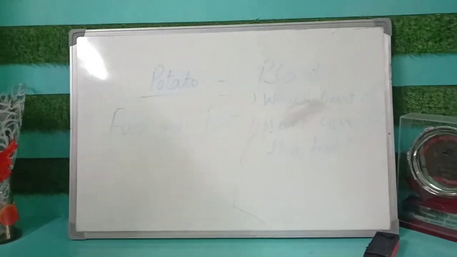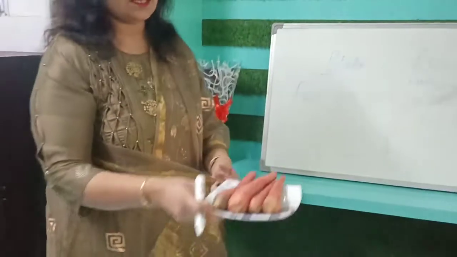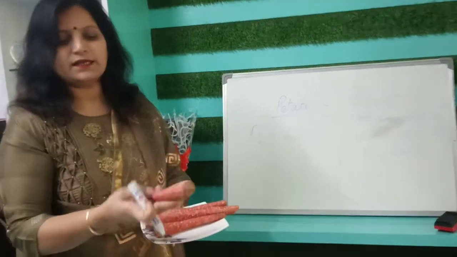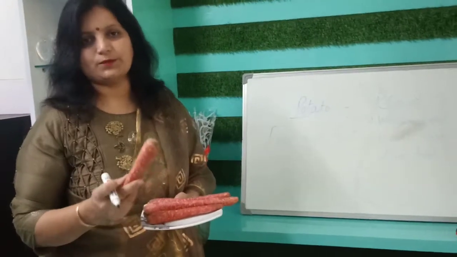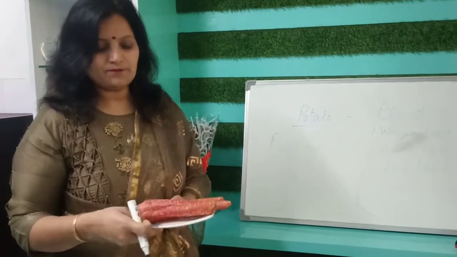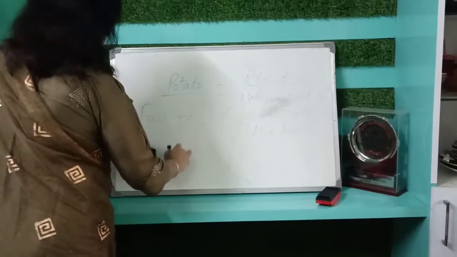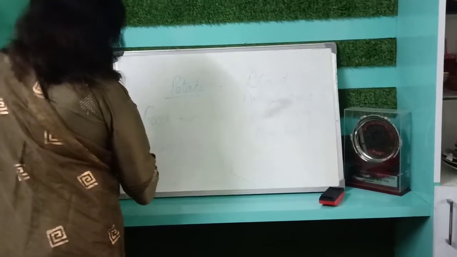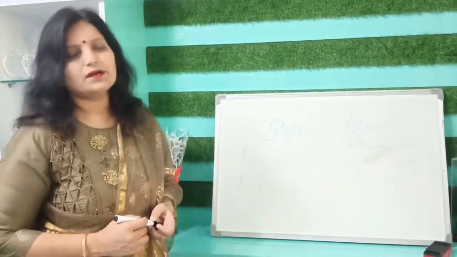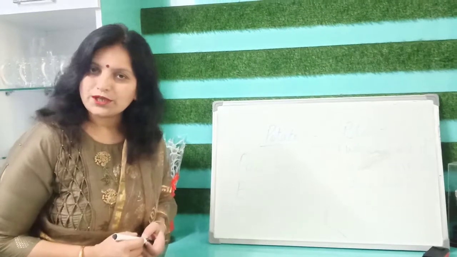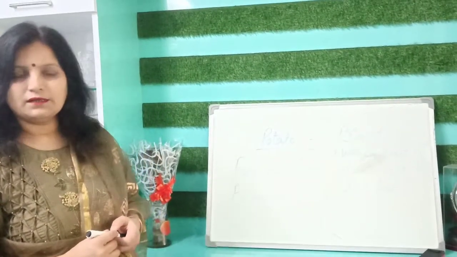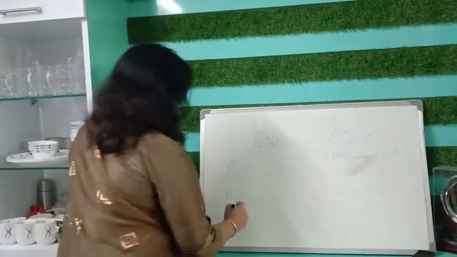Which food do we get from the root? For example, carrot. You can see this carrot here. Carrot is the root part of the plant. Any other example can you give me? Carrot, radish, turnip, beetroot, sweet potato.